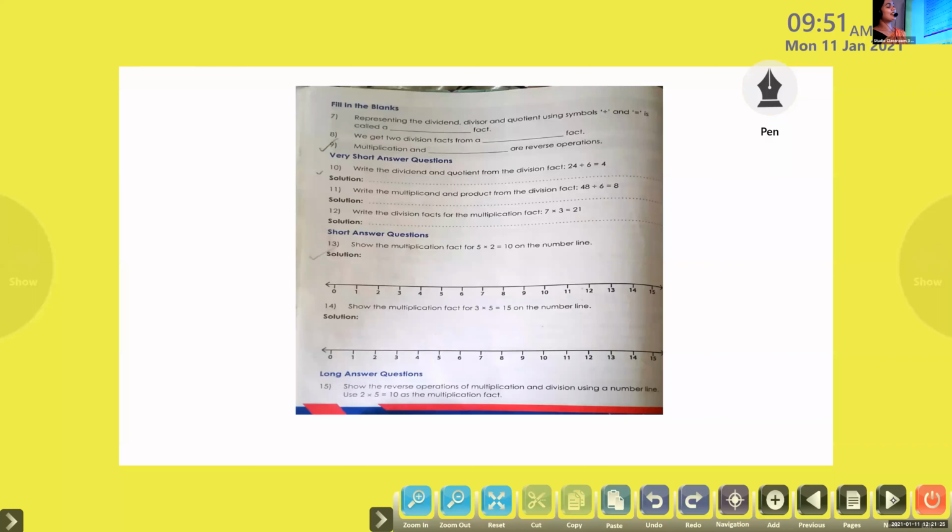Division fact or multiplication fact? Division fact. So all of you write division. Good.